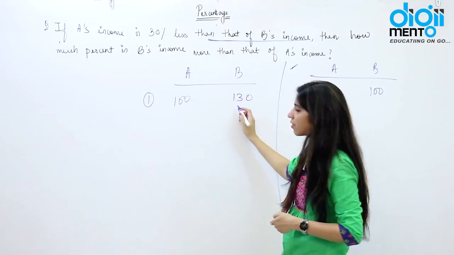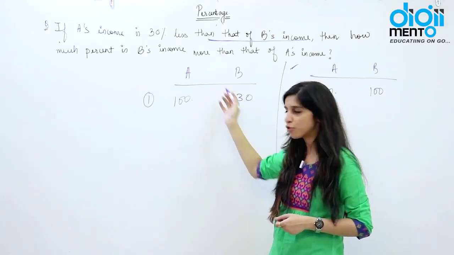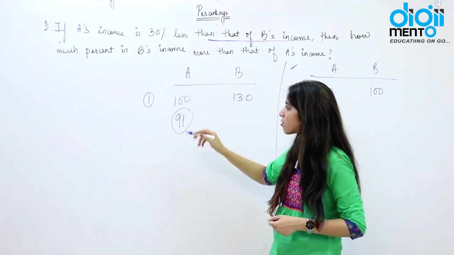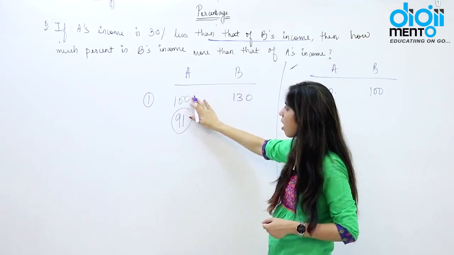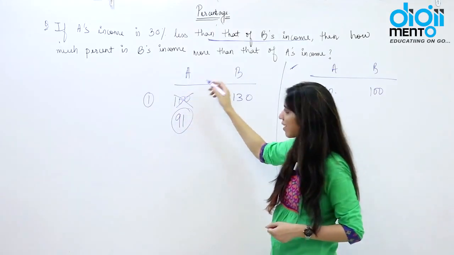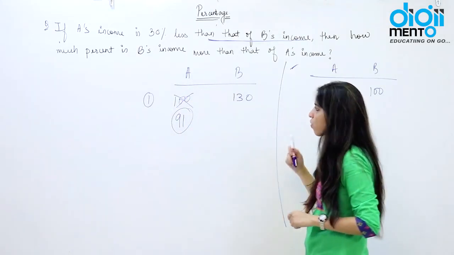If you do that, 30% of this number is going to be 39. If you subtract that, income of A is going to be 91. So there is no point assuming it. You cannot take income of A to be 100, it should be 91. That is what I was talking about, okay.